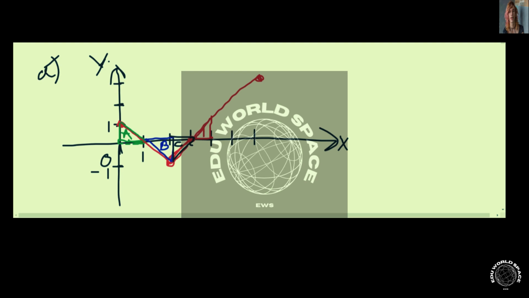I'll call this triangle D. Then we have a rectangle, which is actually a square here. I'll call this E. Another triangle above that, which I'll call F. Another rectangle, which I'll call G. And finally, another triangle, H.